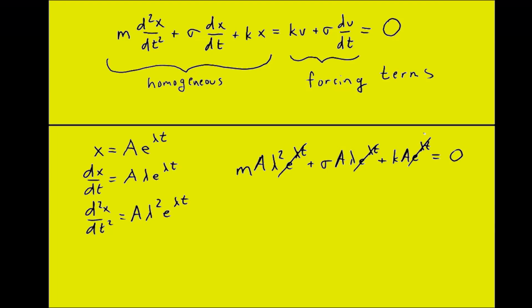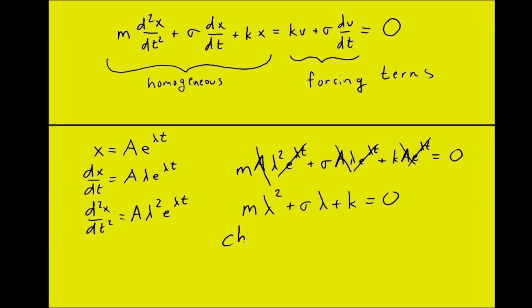A could theoretically be 0, but that would lead to a rather boring solution, since our solution would be x equals 0 for all time. So we're looking for a non-zero case for a, so we can go ahead and divide through by a on the left-hand side as well. Now we can rewrite the equation as m times lambda squared plus sigma lambda plus k equals 0.